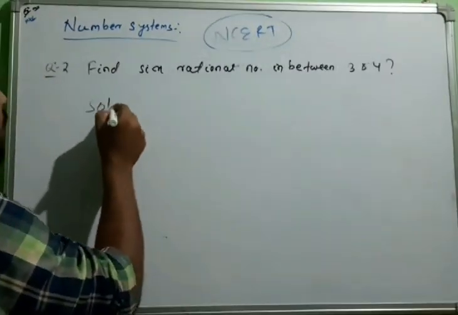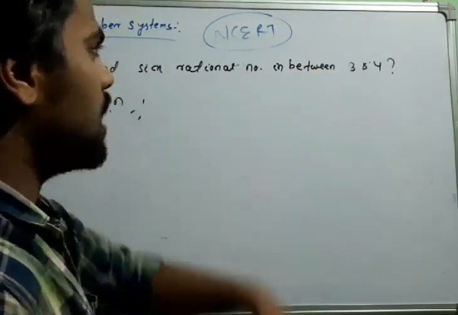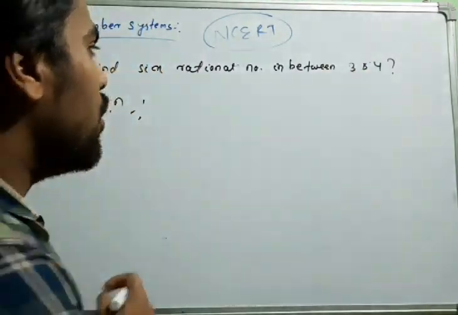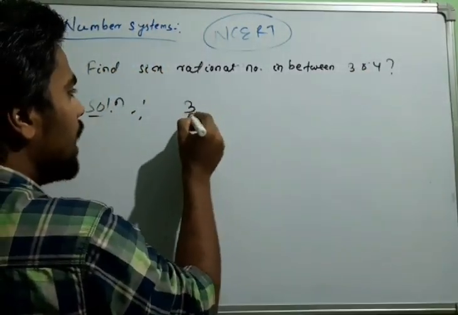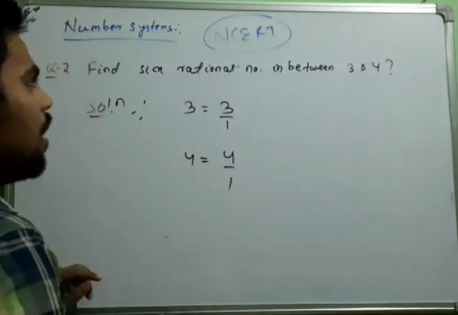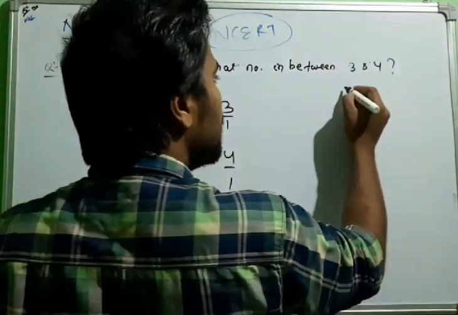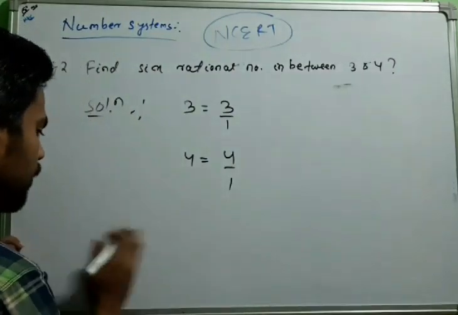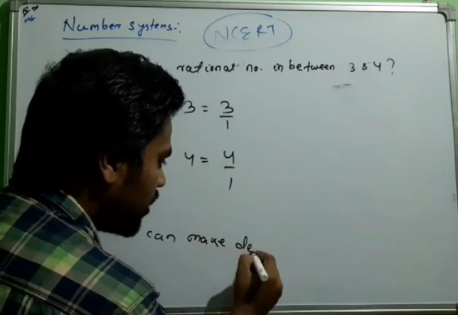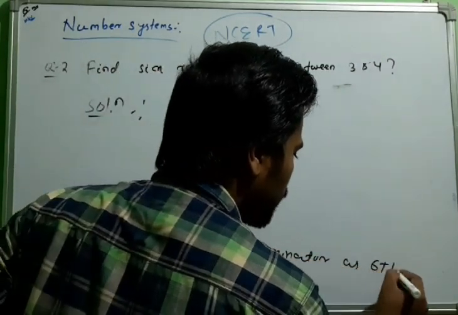How can I do this? So just see, you are given to find 6 rational numbers in between 3 and 4. Just write, I can write 3 as 3 divided by 1 and 4 as 4 divided by 1. I already told you in the last class, if 6 is given to you, then you can make the denominator 6 plus 1, that is 7.